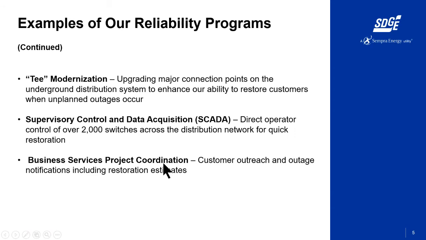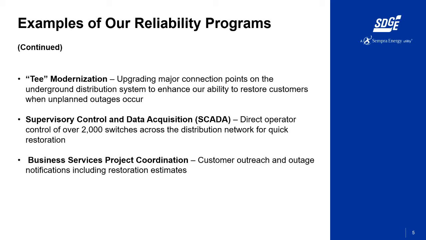Continuing a look at some of our reliability programs, we have the T modernization. Ts are also known in the industry as cable joints. And these are devices that can be used to join two separate runs of large underground cable together so that there is continuous connectivity. However, they are rather limited in terms of how they can be operated for the purpose of improving reliability.